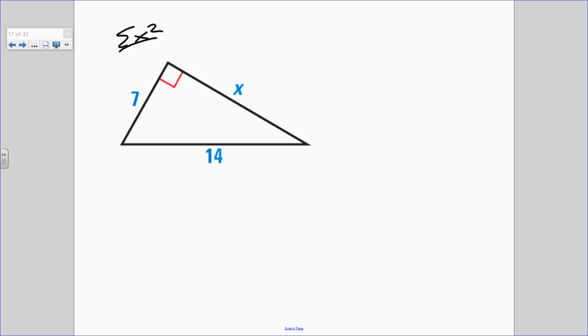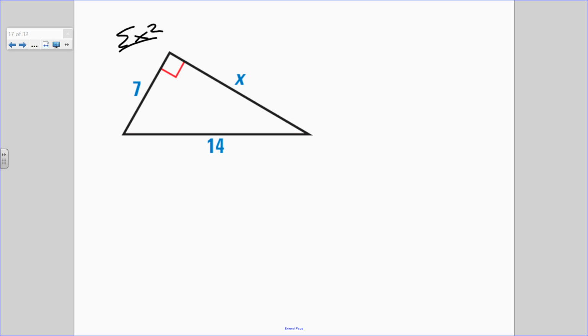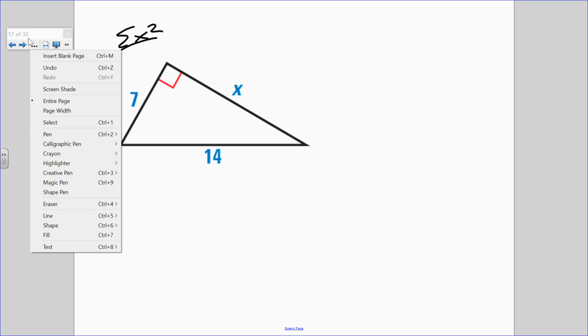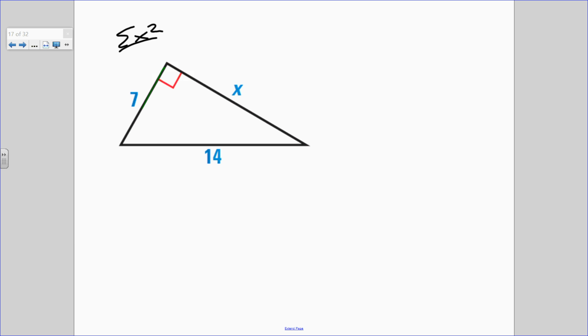So in other words, I know A, B, and C. C is 14, and A and B would be 7 and x, because remember A and B, the legs, make up the right angle, right? So here's A and B. These are my legs, A and B, and then C would be 14.